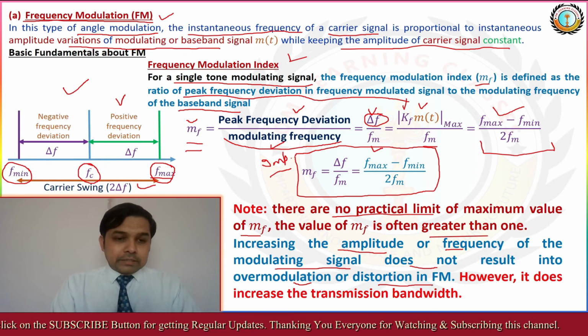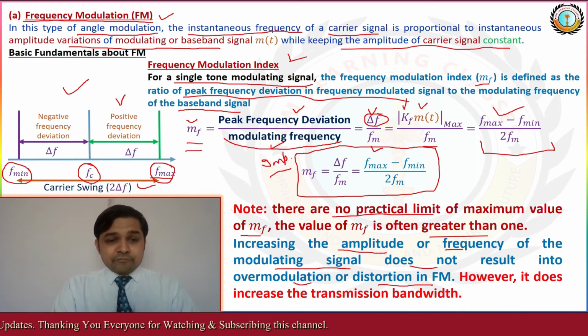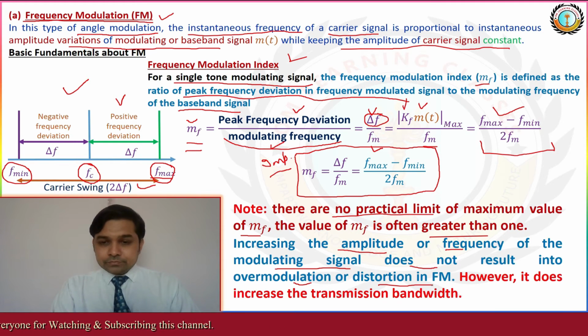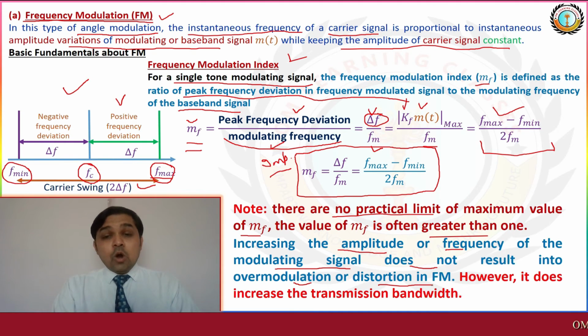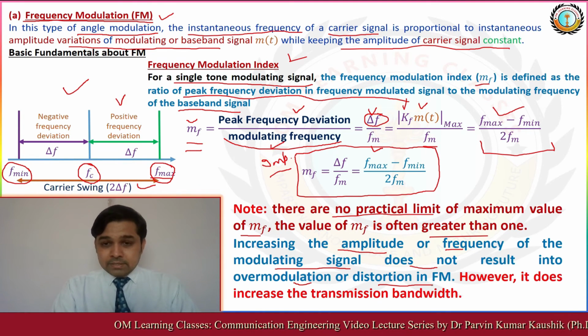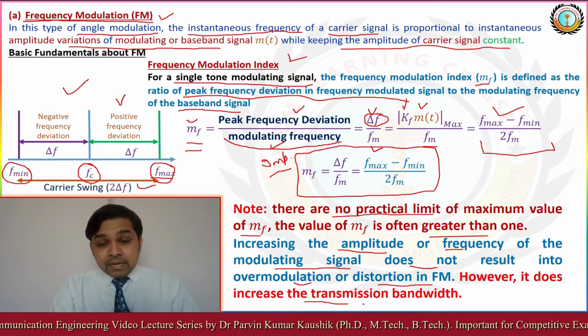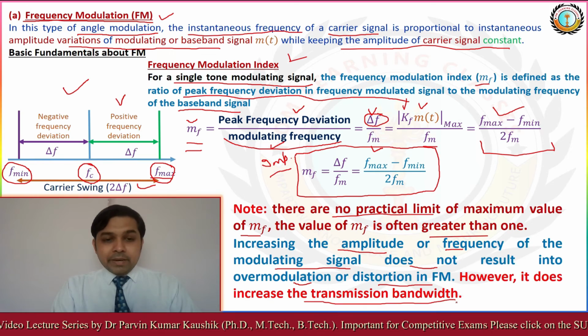This is a very important point, and it is the key feature of FM over AM. If we increase the amplitude or frequency of the modulating signal, it will not result in over modulation or distortion in FM, but it does increase the transmission bandwidth.